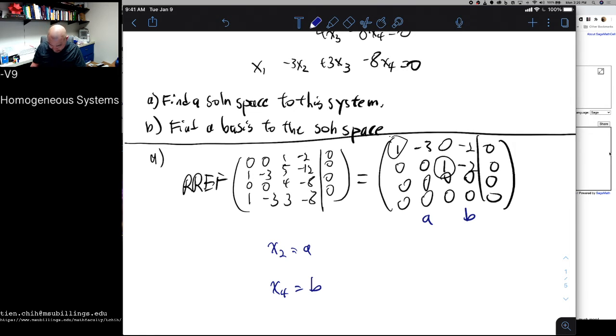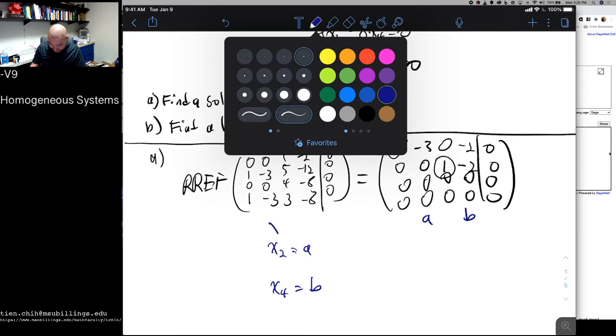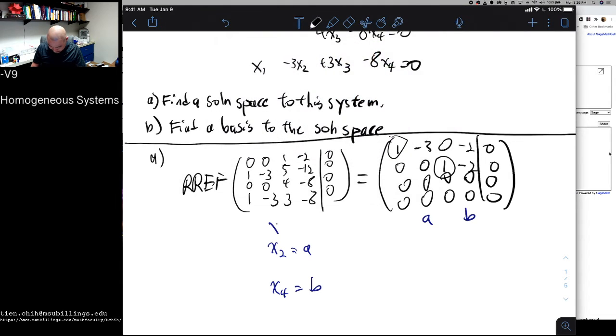Now, for the pivots, with x1, what I know is that x1, if I solve this, has to be equal to 3a plus 2b, and that x3 has to be 2b.